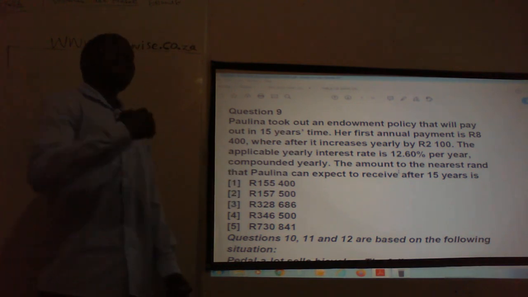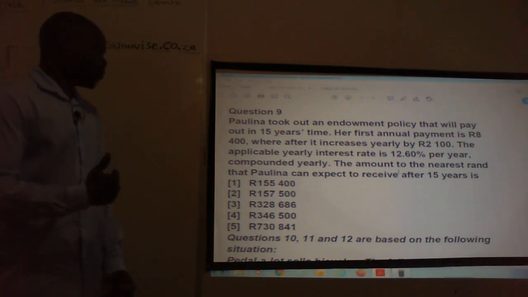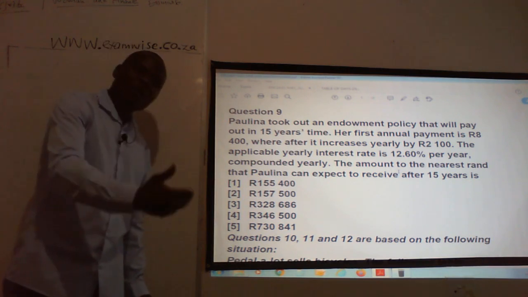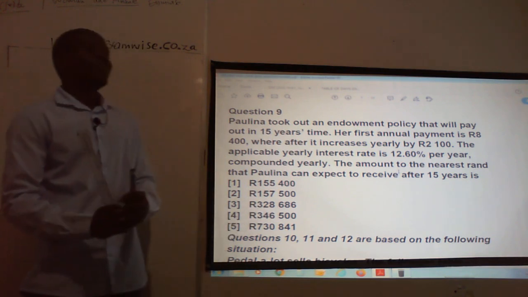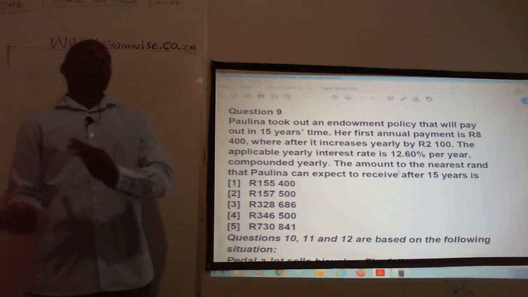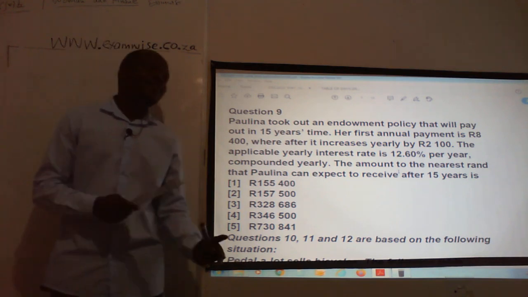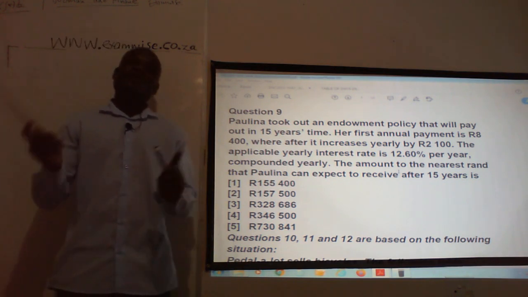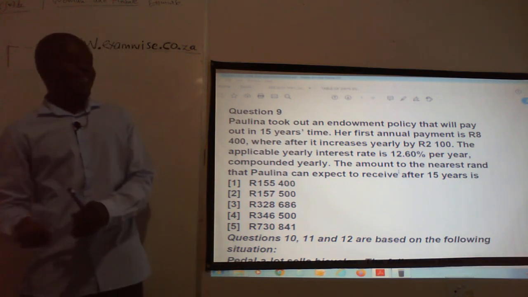Meaning Paulina started by depositing 8,400, and each and every year the amount that Paulina will be depositing in her account will increase by 2,100. By each and every deposit, the amount will be increasing by 2,100.